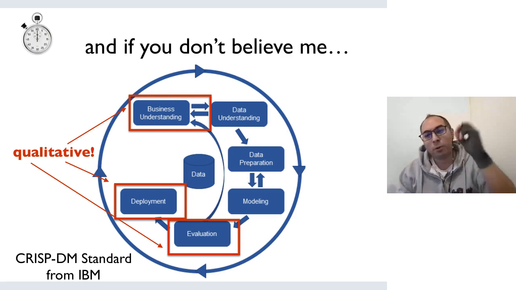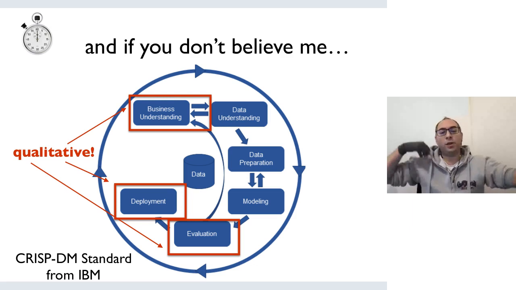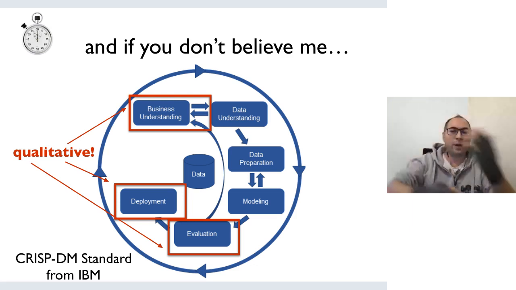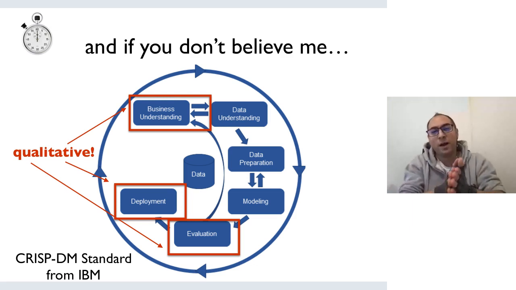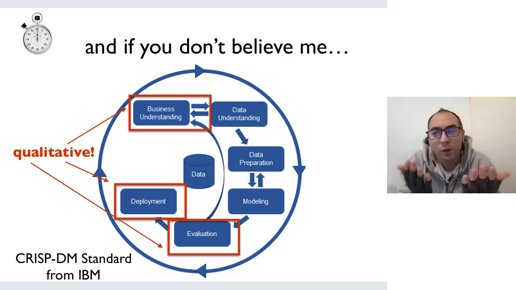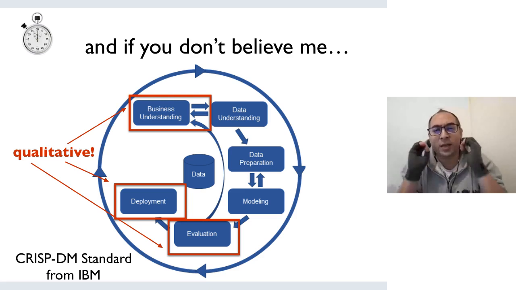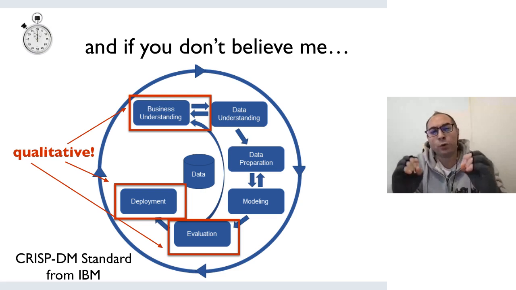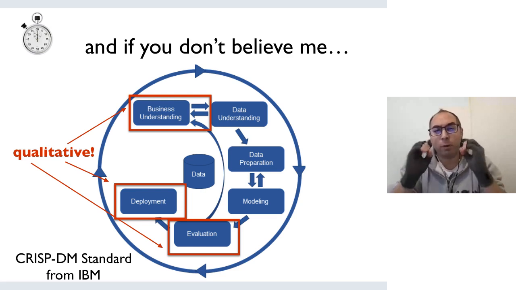Now, suppose you actually endure the data understanding, data preparation, and modeling back and forth exercise. What if you go back to the evaluation? How do you evaluate a model? A model is only as good as the business intelligence it is supposed to bring about. Unless you can find a way to exactly prove to your stakeholders that your model is worthwhile, you will have wasted a lot of time and probably money.